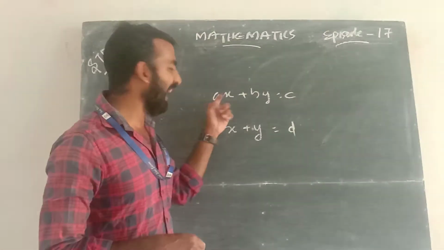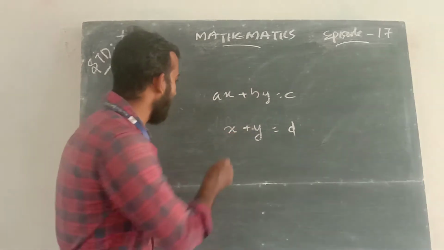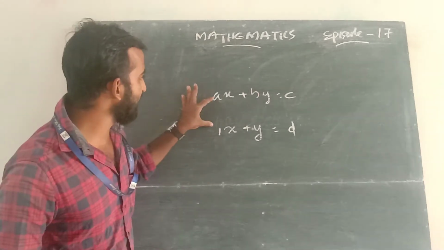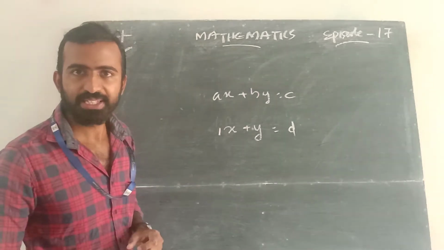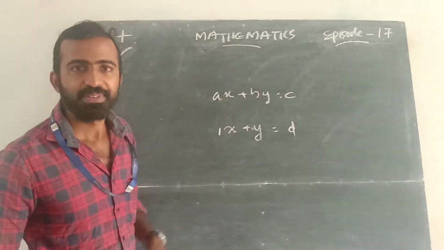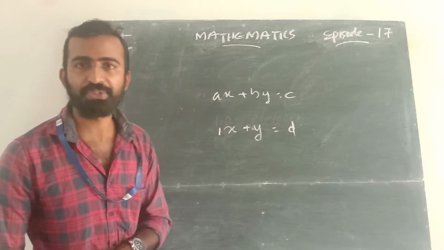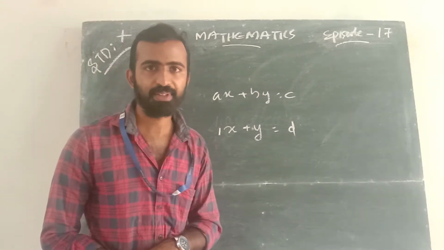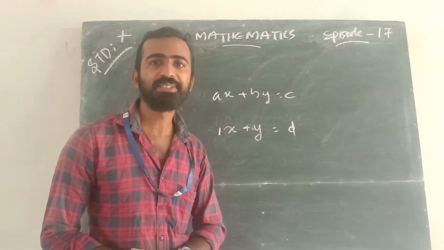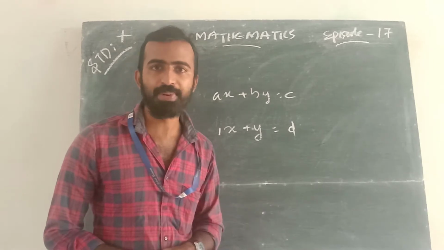Here in ax, a is the coefficient of x, and here the coefficient of x is 1. Then we take the LCM of the coefficients, and multiply the equations by it, so we get the same coefficients of that variable. Then we subtract or add, and the variable is eliminated.